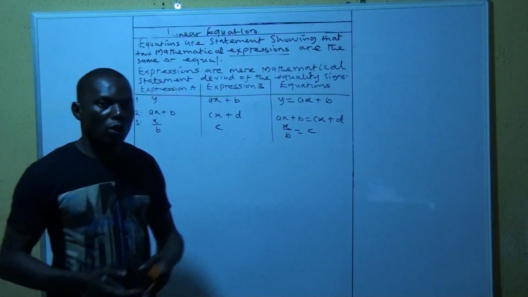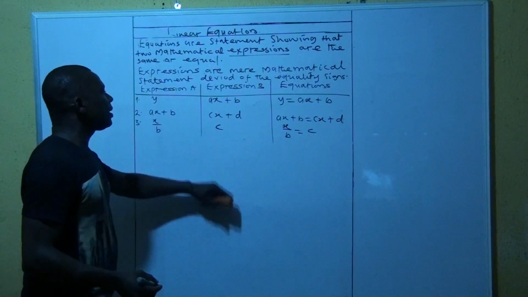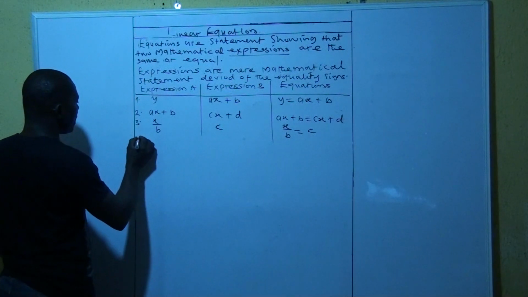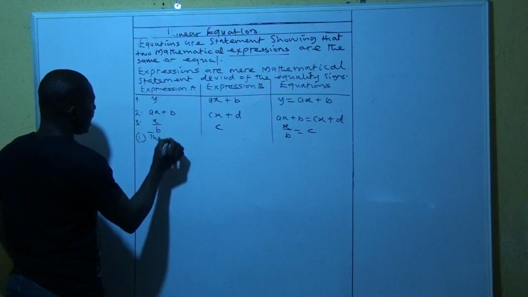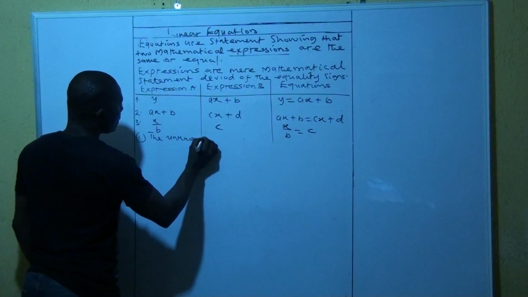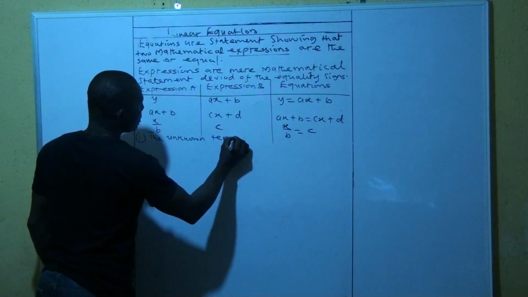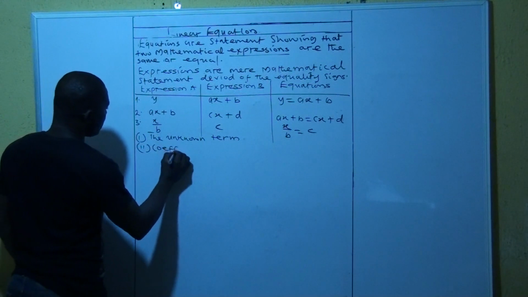We are going bit by bit. The next aspect we're going to look at is to understand the following terms: 1, the unknown term, and 2, coefficients.